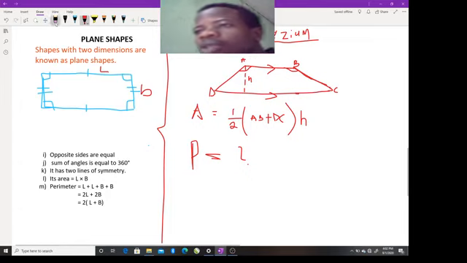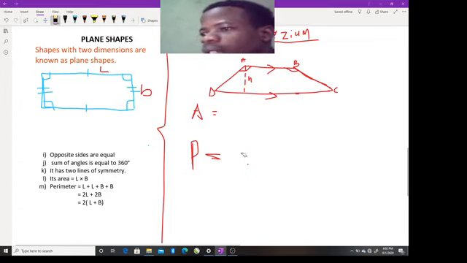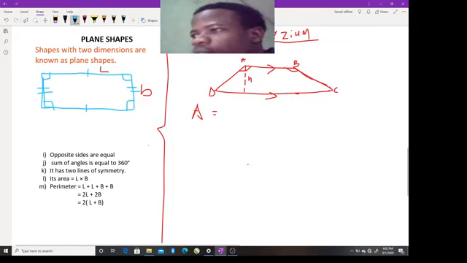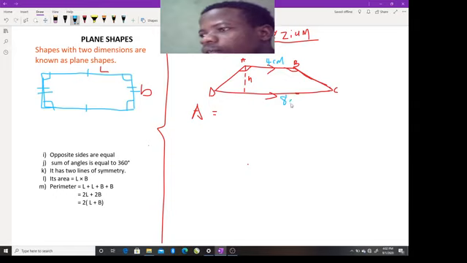So if you are given something like this, let me say the dimension you are given, this one to be 4 centimeter, and this one is like 8 centimeter. And you are told to calculate the area.